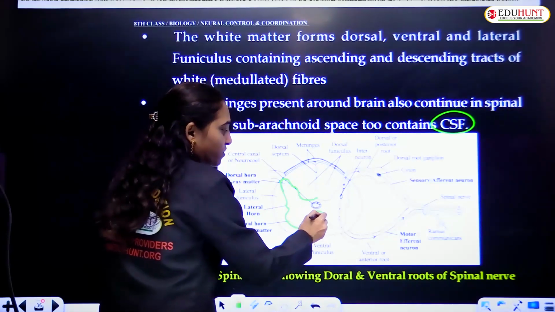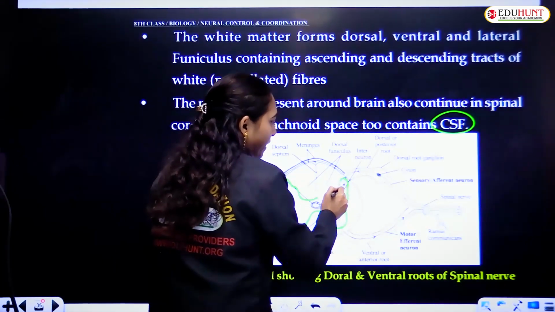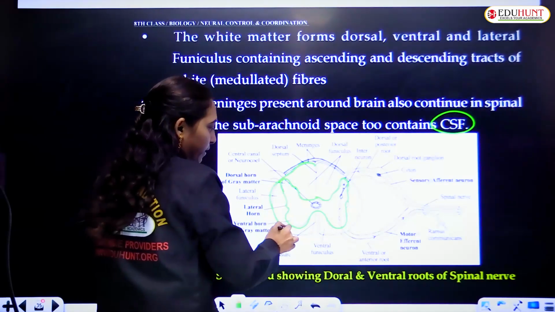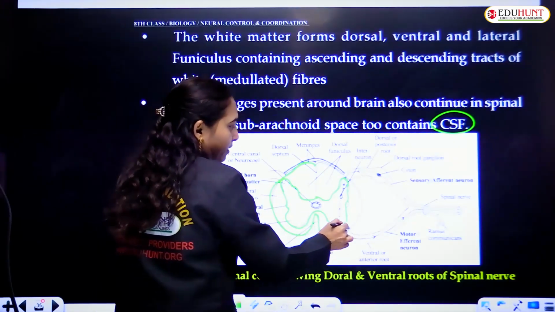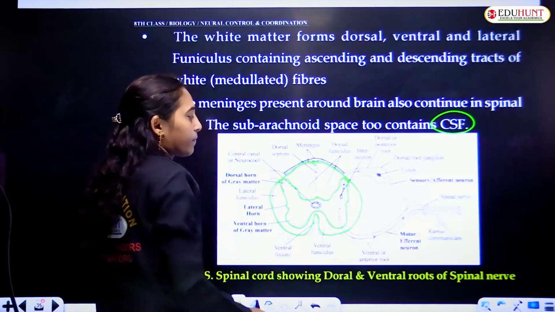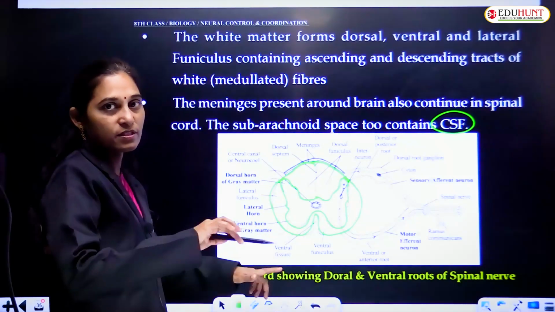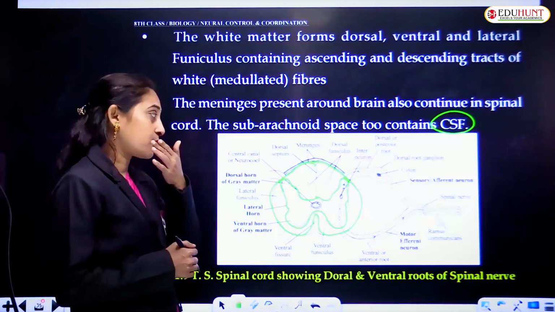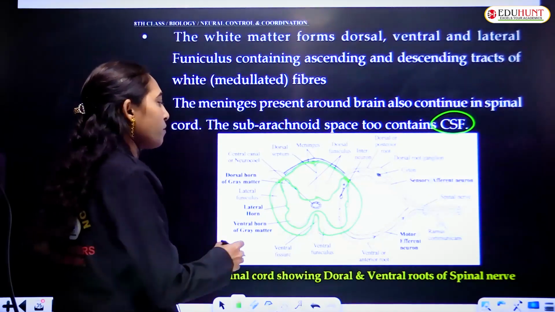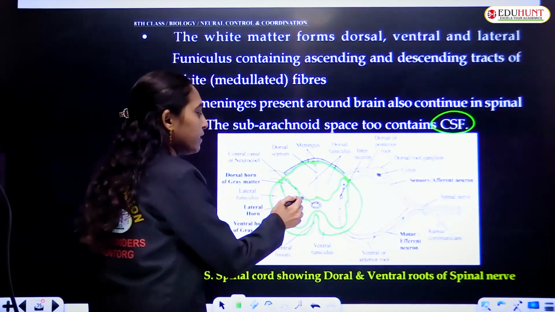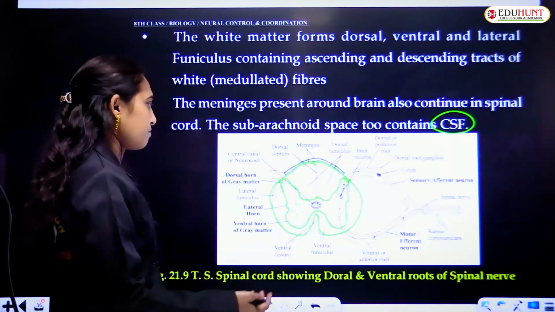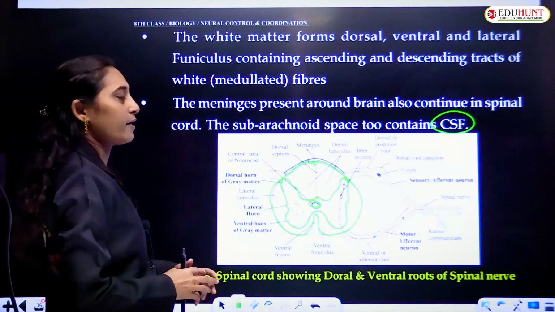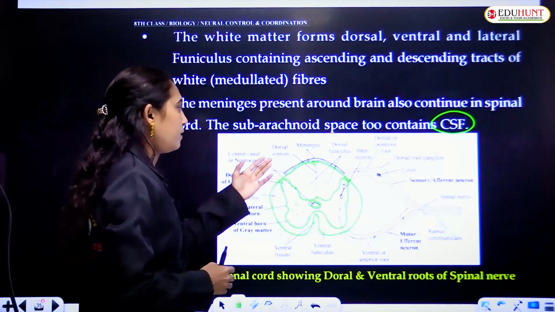It is centrally situated, on the inner side, and on the outer side we can see the white matter, where the fibrous axons are seen, medullated, and non-medullated cytons are present in the grey matter, as mentioned. And it is the central neural canal.